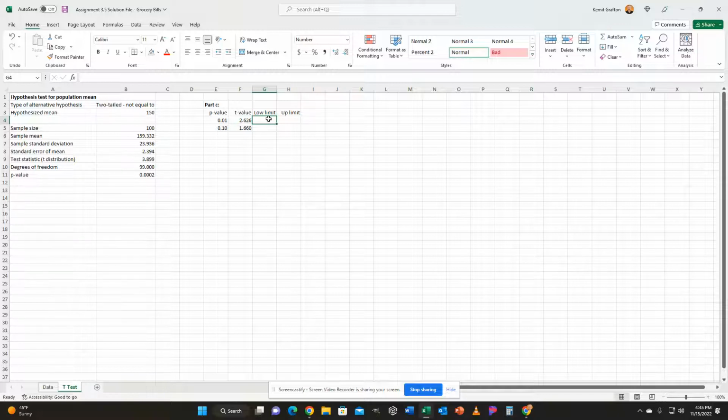Now we can do a confidence interval here so we can see what our upper and lower limits are. So our lower limit, okay, and our upper limit for the 0.01.